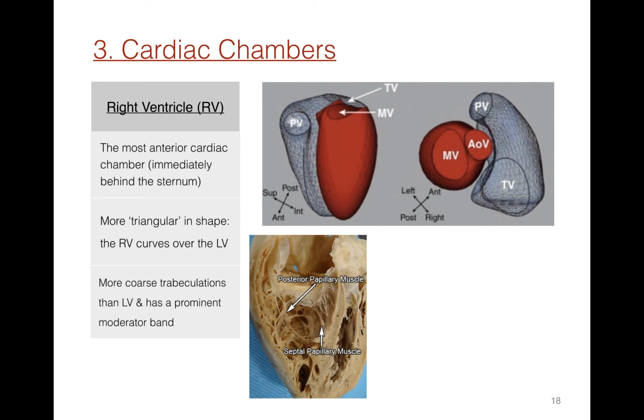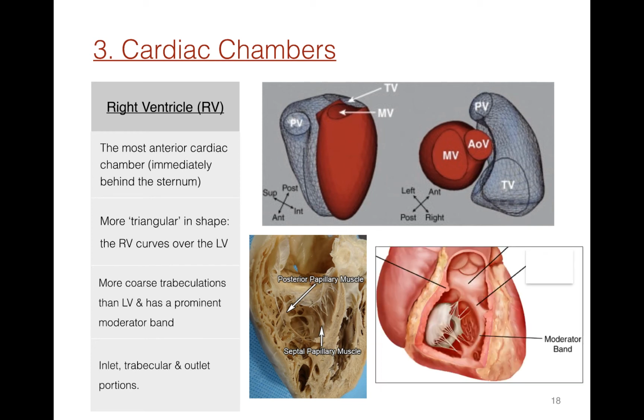The right ventricle has more coarse trabeculations than the left ventricle, and it also has a very prominent moderator band towards its apex. The right ventricle has 3 general areas within, which are termed the inlet, trabecular, and outlet portions.